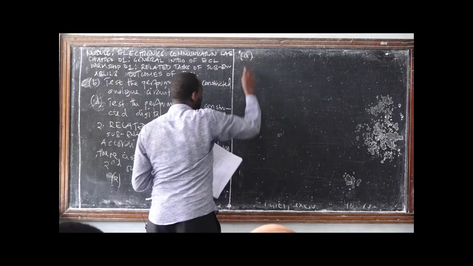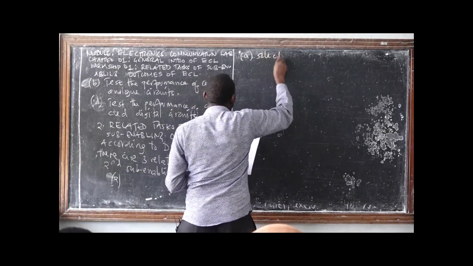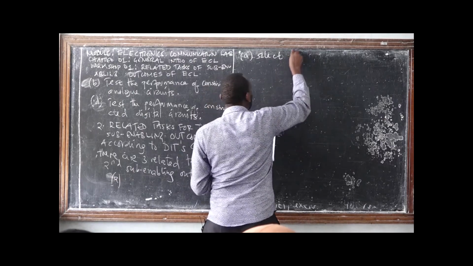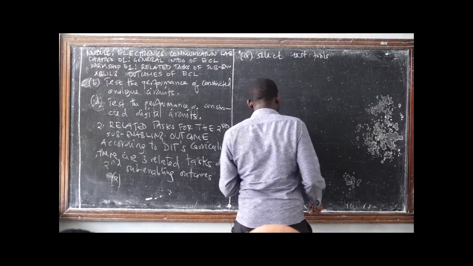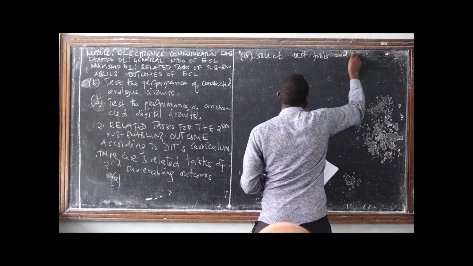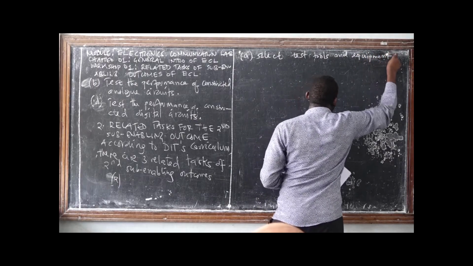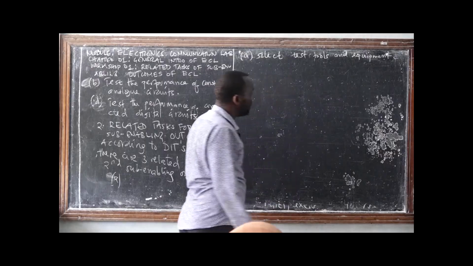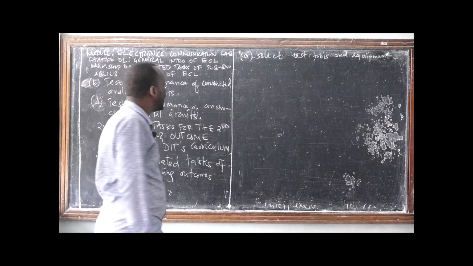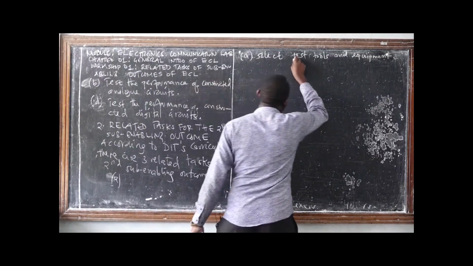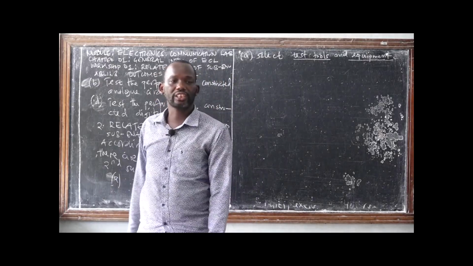So the first related task is that a student should be able to select test tools and equipment. That is the first related task for the second sub-enabling outcome. How are you going to select?